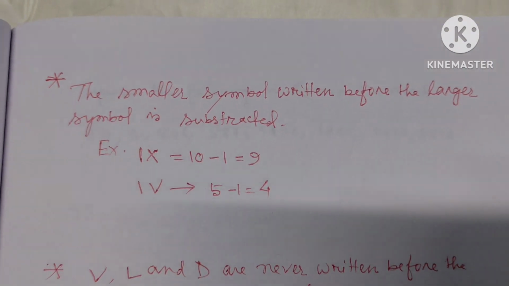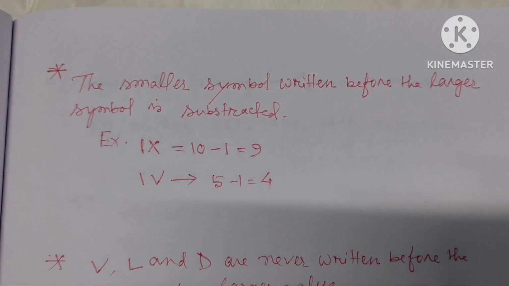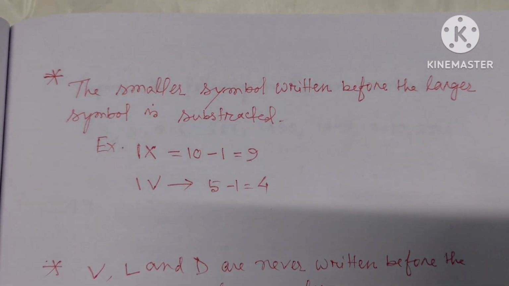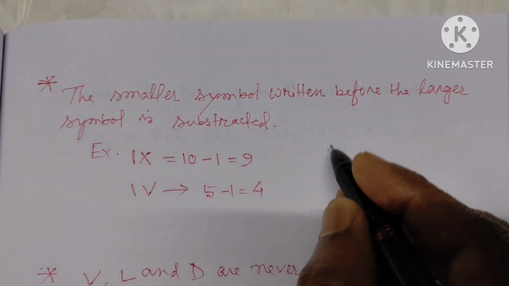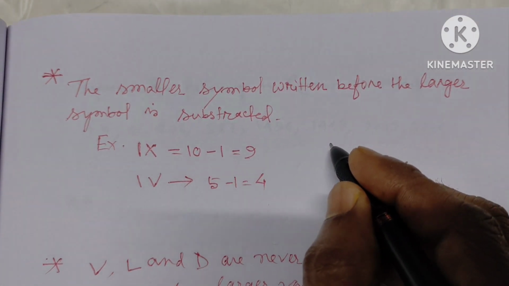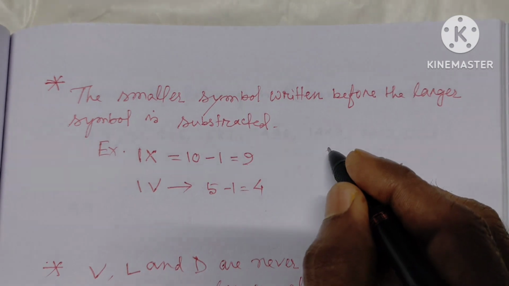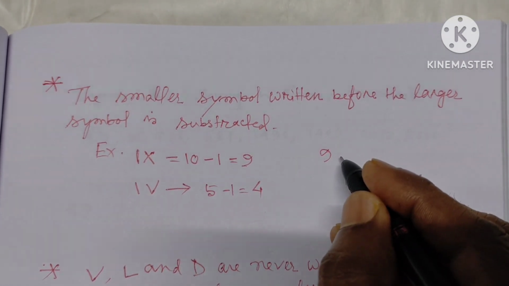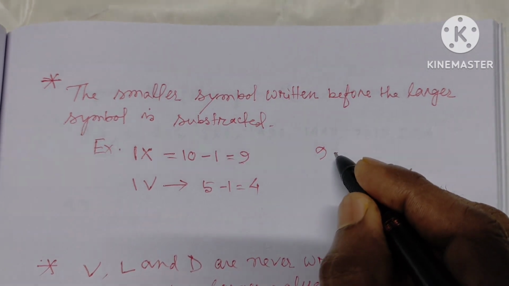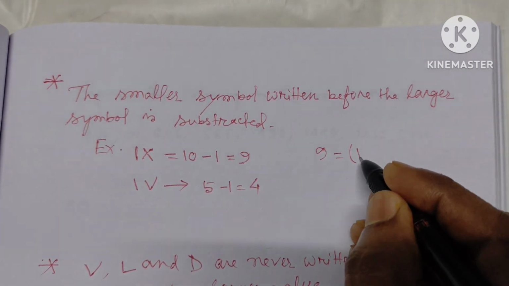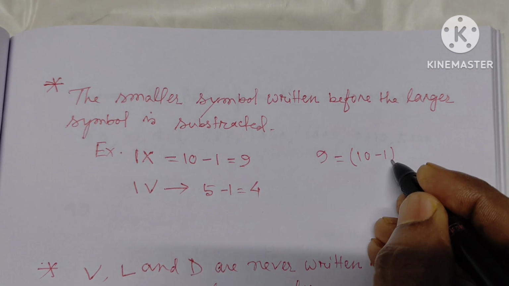Next rule, the smaller symbol written before the larger symbol is subtracted. Suppose we have to write 9. How will you write in Roman numerals? 9 means what? We can write like this, 10 minus 1.